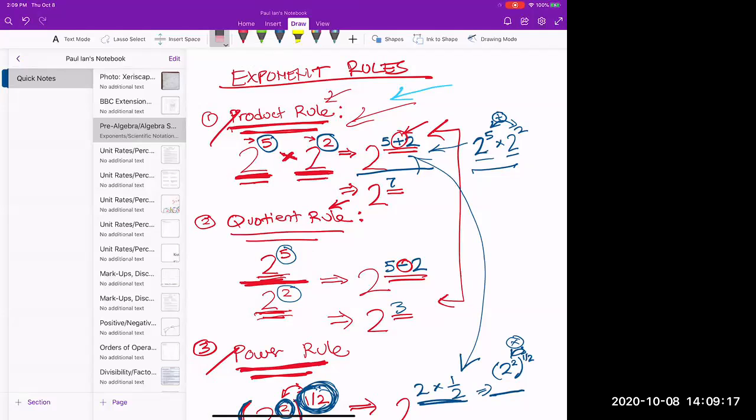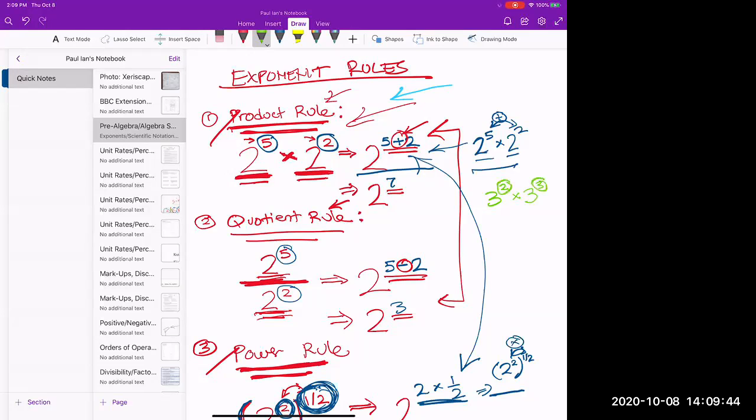So do you remember talking about this first one right here, the product rule? If you have two things that have the same base, with a small number right here, and this is being multiplied by the same base and another small number, what do you do with the small numbers?